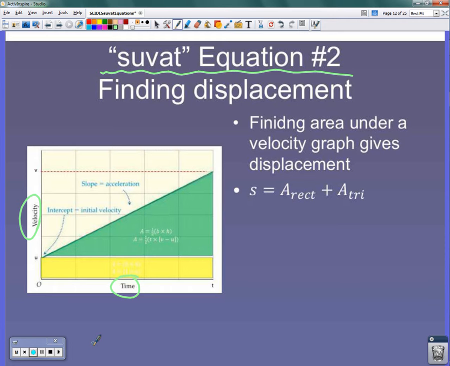Now, we don't have one singular shape. We would have to break up this area into 2 separate shapes. And that's why I said the total area, the total displacement, would have to be the area of the green triangle plus the area of the yellow rectangle. And I realized that I got my subscripts messed up. I apologize for that.